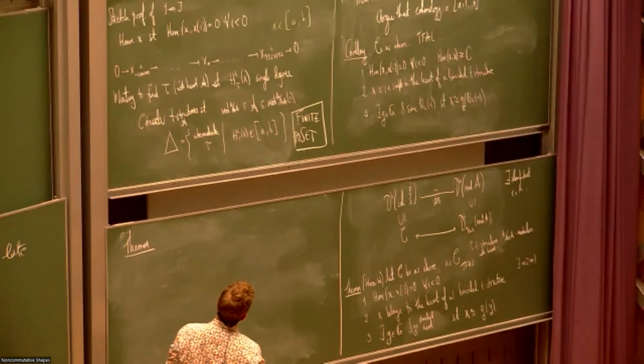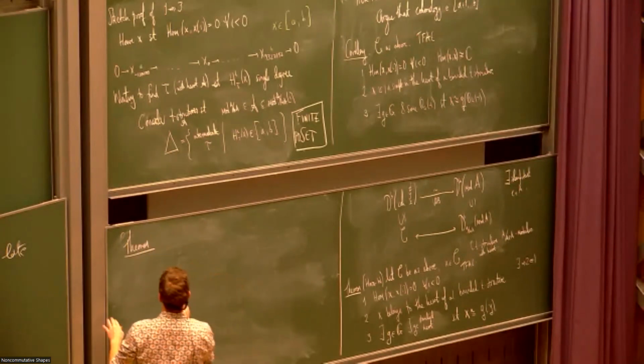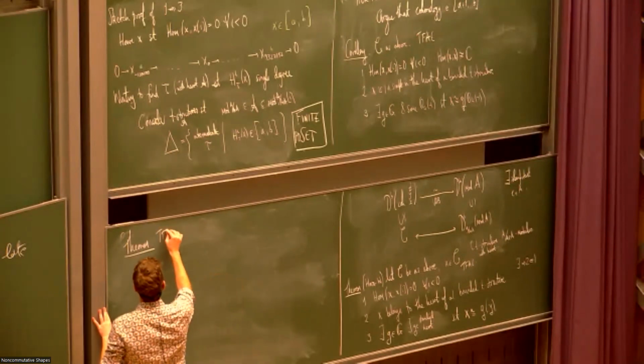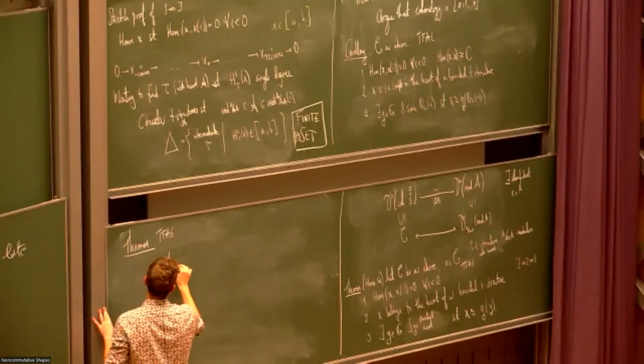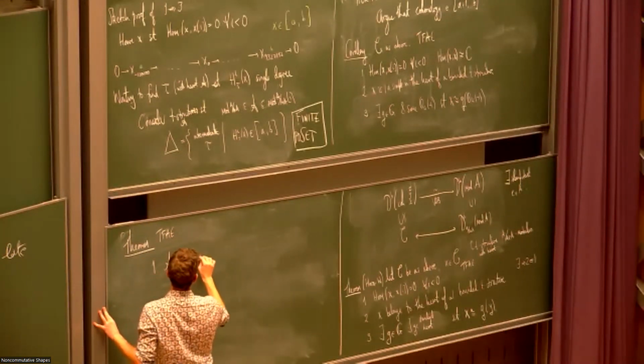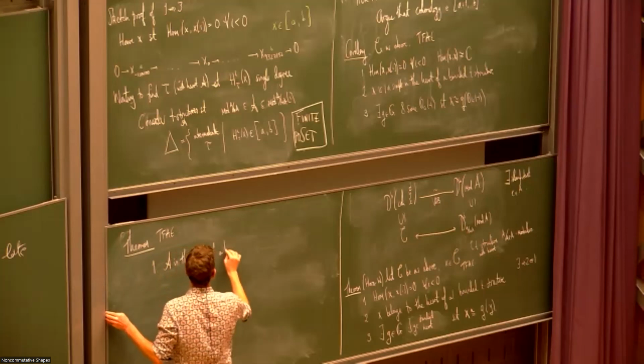And so the theorem is: A is the heart of a bounded T structure.